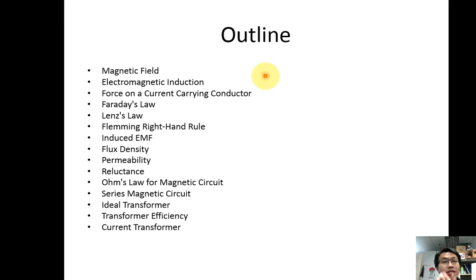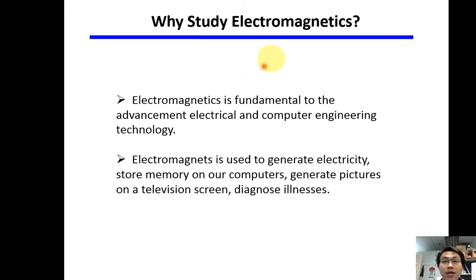The contents include magnetic field, electromagnetic induction, force on a current carrying conductor, Faraday's law, Lenz's law, Fleming's right-hand rules, induced EMF, flux density, permeability, reluctance, Ohm's law for magnetic circuit, series magnetic circuit, ideal transformer, transformer efficiency, and current transformer. So why do we study electromagnetism or electromagnetics?